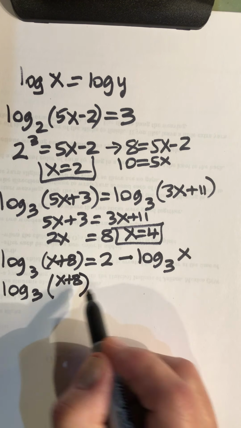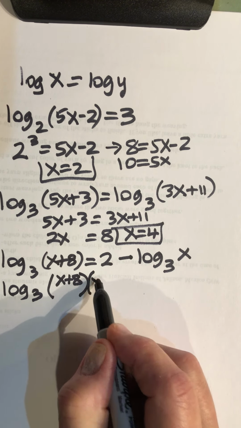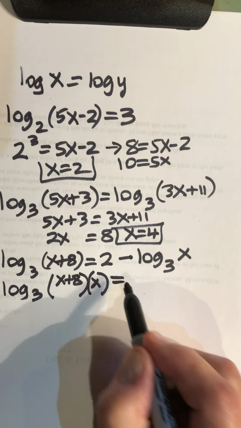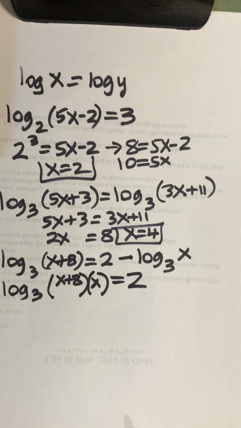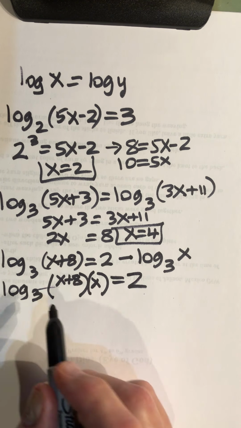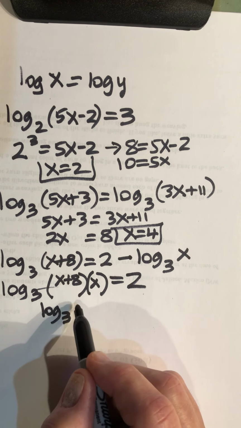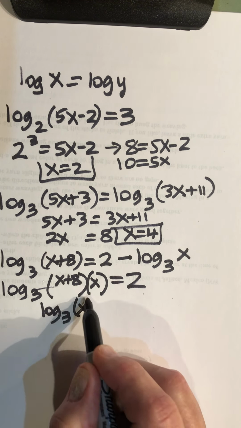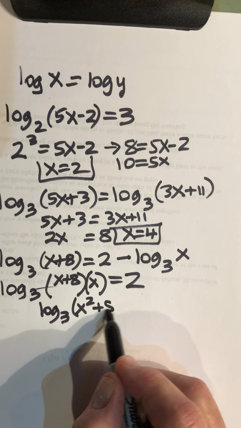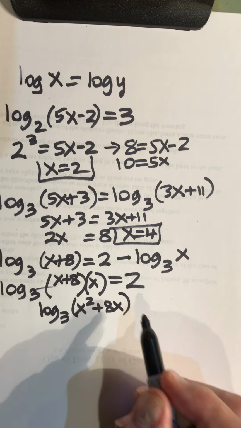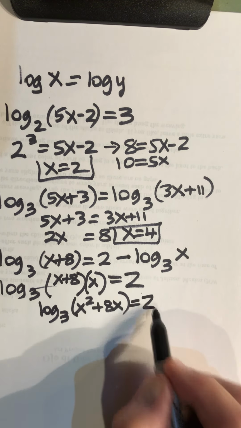So that's going to be x plus 8 times x equals 2. Sorry about that. All right, so that's going to be log base 3 of x squared plus 8x equals 2.